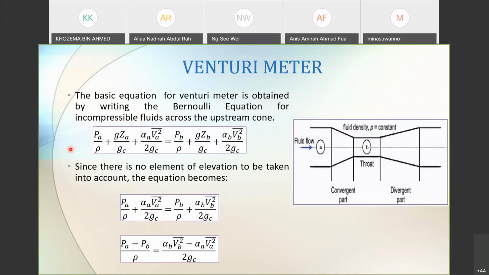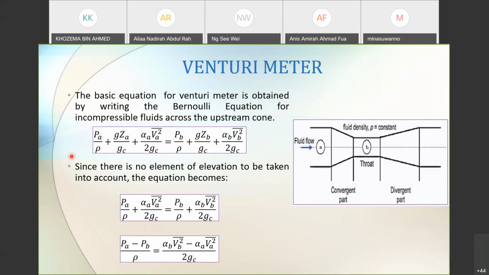Again, the basic equation for the venturi meter is obtained by writing the Bernoulli equation for incompressible fluid across the upstream cone. So we will write a Bernoulli equation between point A here in the inlet section and point B here in the throat section. This is our Bernoulli equation.